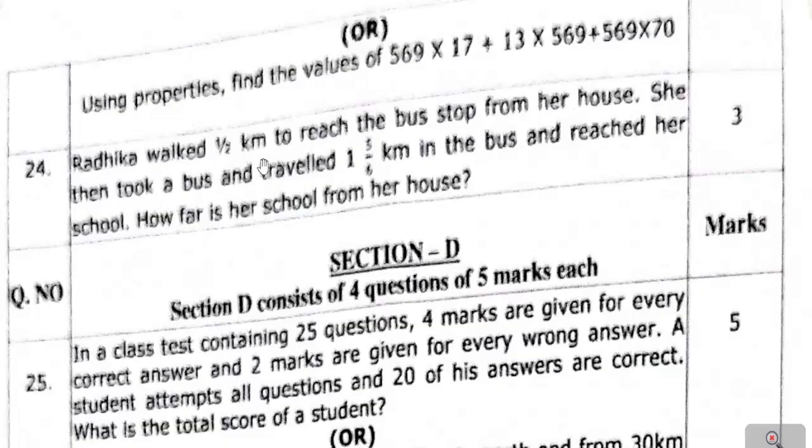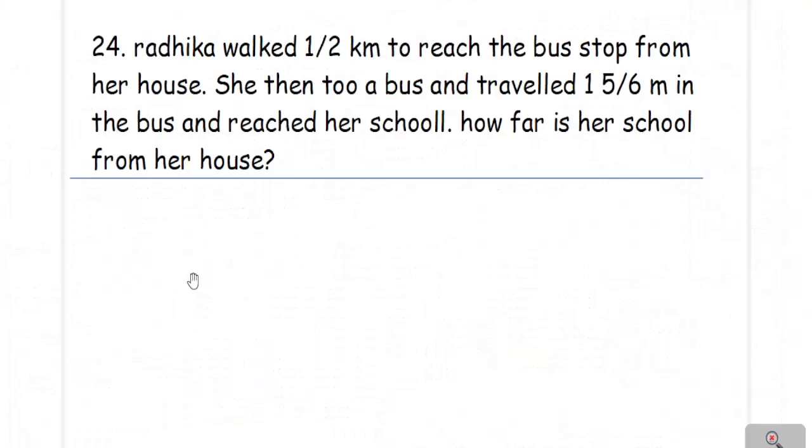Now the second question, the 24th question. Radhika walked half kilometer to reach the bus stop from her house. She then took a bus and travelled 1 5/6 kilometer in the bus and reached her school. How far is her school from the house? What is the distance? That is the question. First she walked half kilometer to reach the bus stop.